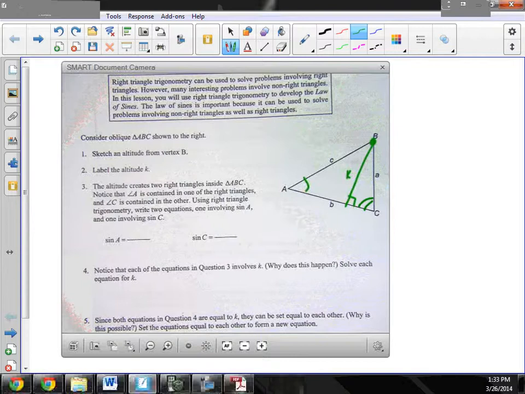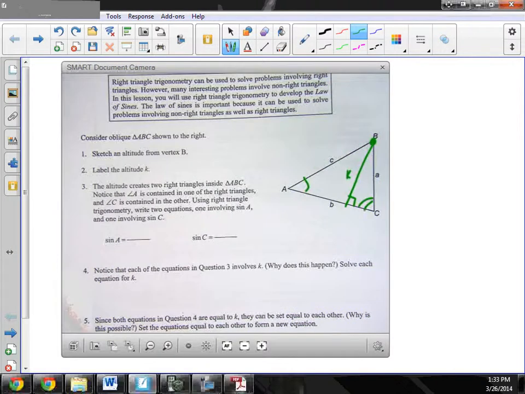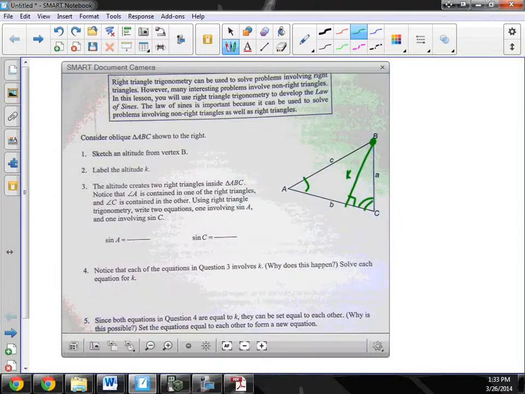Using right triangle trigonometry, write 2 equations, one involving sine of A and one involving sine of C. So sine of A in that further left triangle is what ratio? K over little c. K divided by little c. All right? What is the sine of C?